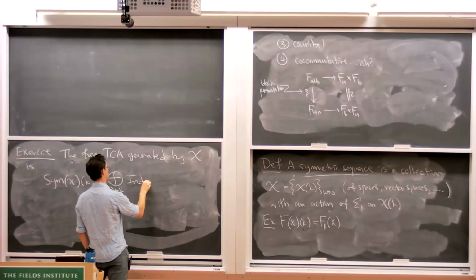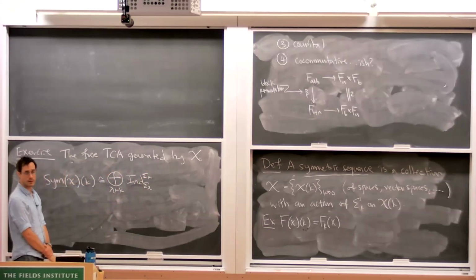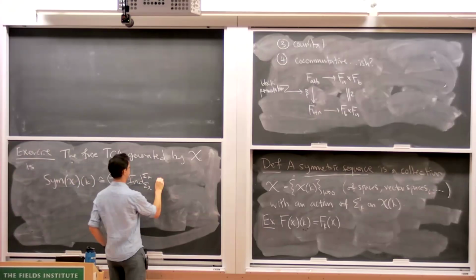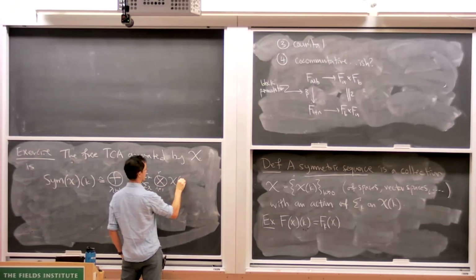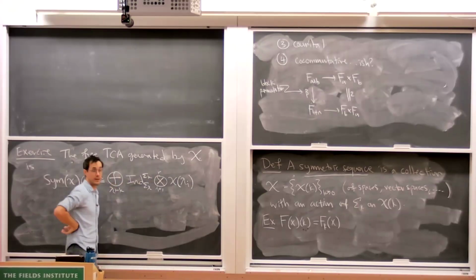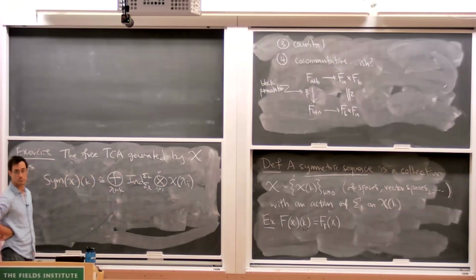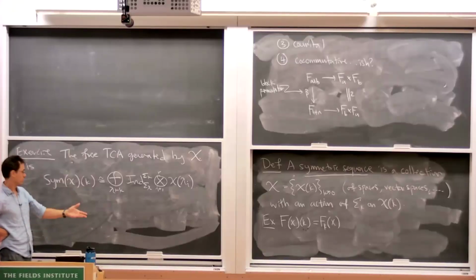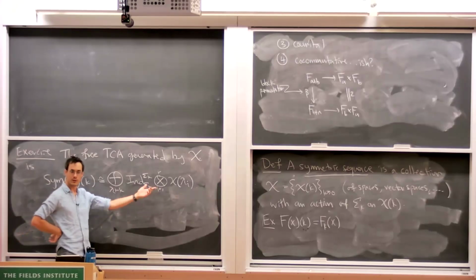The induction from sigma lambda to sigma k, the same sigma lambda that we met yesterday. And the tensor product over the blocks of the partition of the symmetric sequence evaluated at the block. Okay, so this is something you can write down, what a free object looks like in general in any reasonable linear place, and work it out, and this is what you will get.